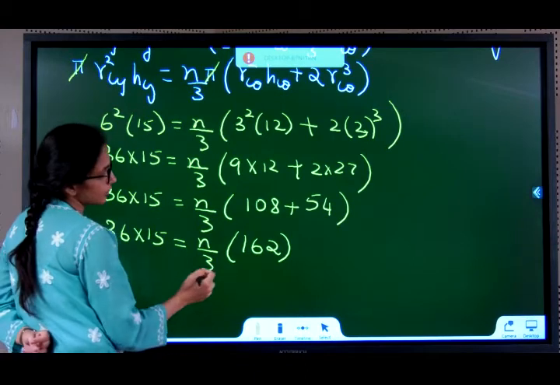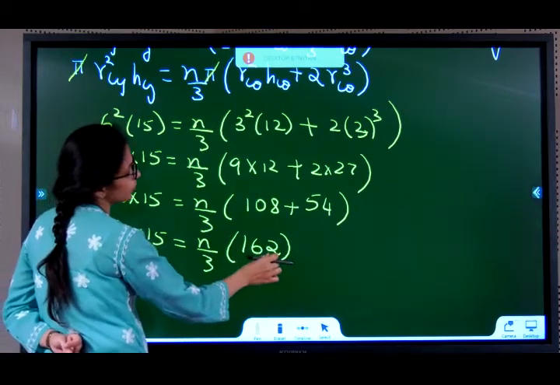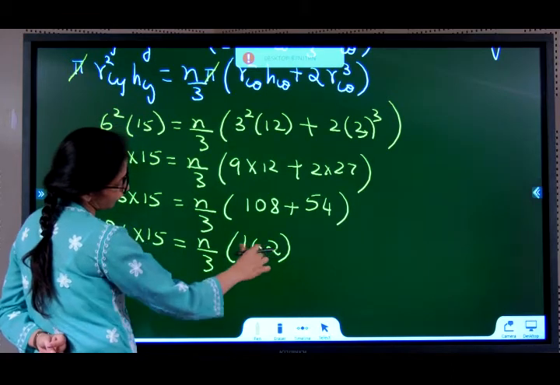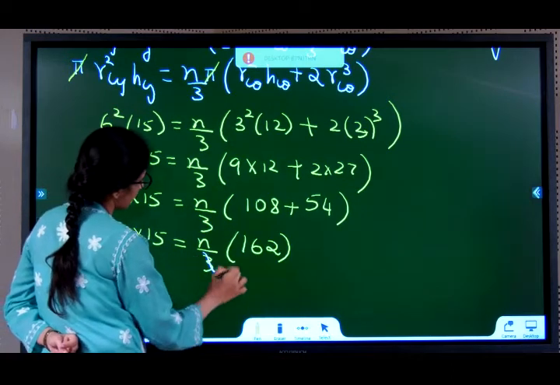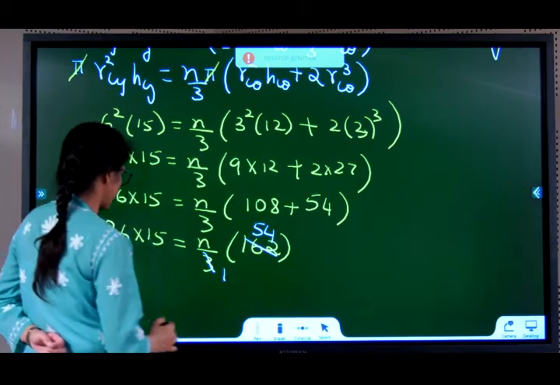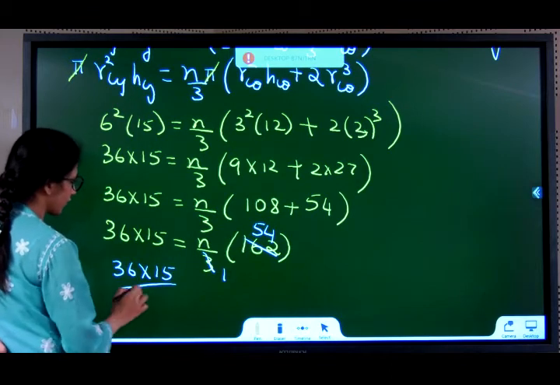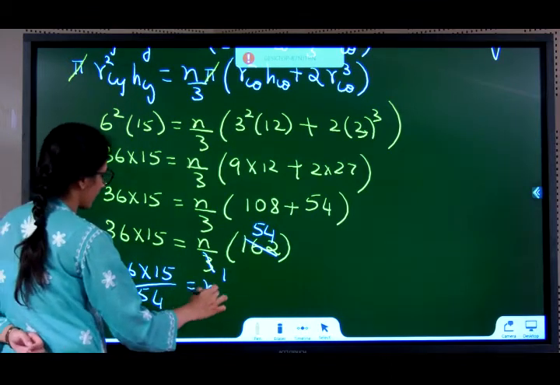Will 3 and 162 cancel? Yes, they will. How? 1 plus 6 plus 2, 9. 9 is divisible by 3, therefore these two numbers can cancel. 3 1s are 3, 3 5s are 15, remainder 1, 3 4s are 12. So 36 into 15, send the 54 down, is equal to n.